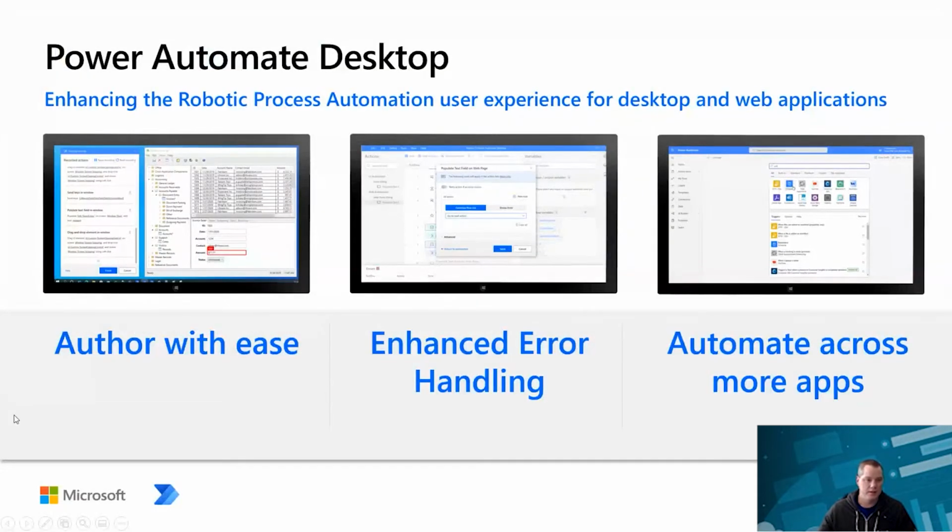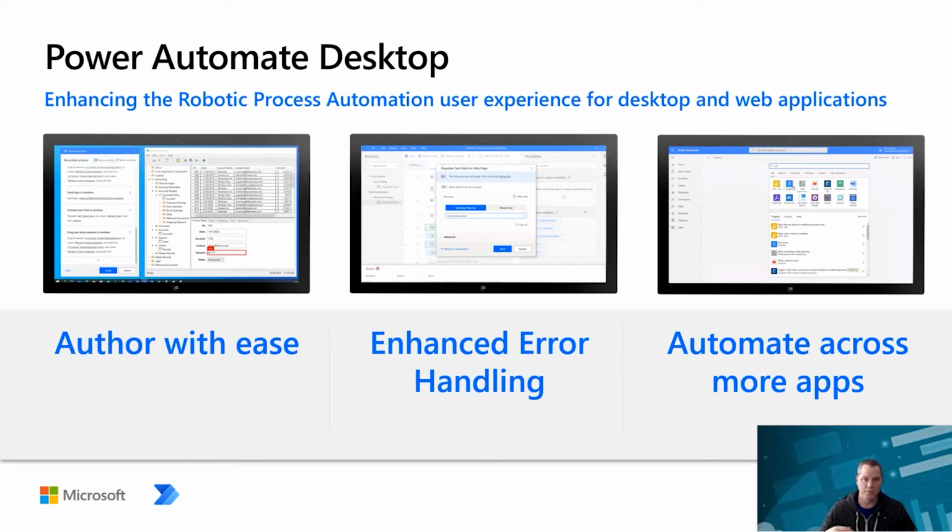So let's talk just a little bit about Power Automate Desktop. Much like Power BI has a desktop offering and the cloud-based service, there's some similarities between what we're trying to do and what they're doing. When it comes to desktop automation and the ability to record, you do need some sort of thick client application that allows you to do that. And that is what Power Automate Desktop is.